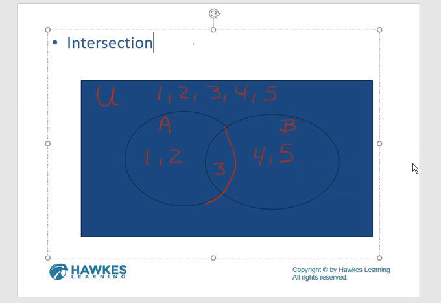Now, as we start topic 3, and we're into it a little bit here, the symbol that we use for intersection, and we'll be going over this again, is sort of an upside down U. This indicates intersection, and a word associated with this, a very important word in mathematics, is and.